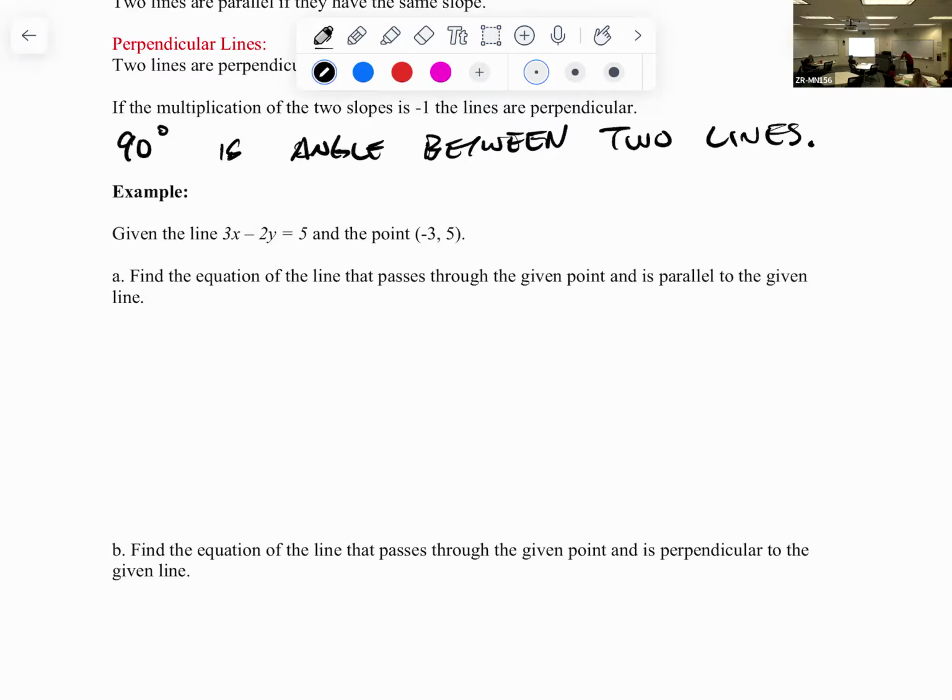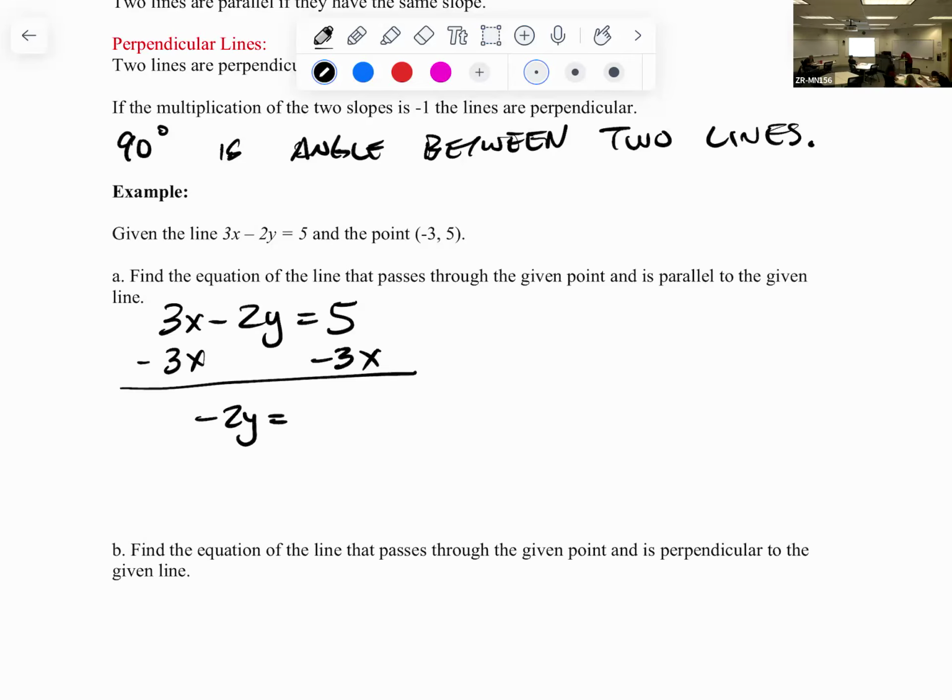So if I have my equation here, and I'm told it's parallel, and parallel lines have the same slope, that means I need to identify the slope of this line. How do I do that? Solve it for y equals. So let's subtract 3x from both sides. And divide by -2.